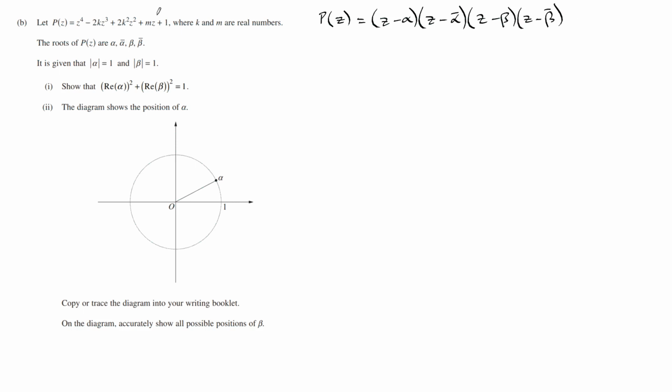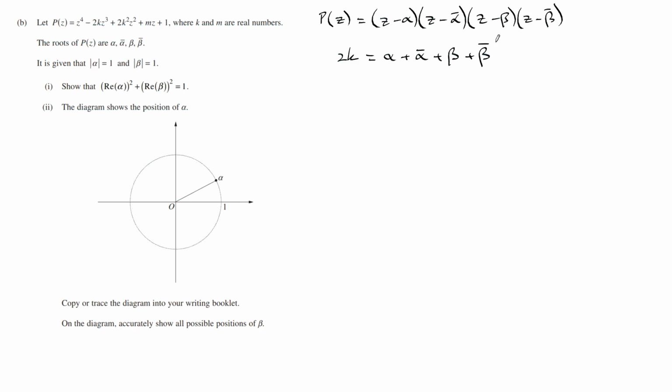So what we could do is look at this coefficient of z cubed, for instance. How does that come from expanding this? Well, for example, you would have negative alpha times z, z, z. So a negative alpha z cubed, and likewise you'd have a negative alpha bar z cubed, and so on. So we could say that 2k is going to be alpha plus alpha bar plus beta bar.